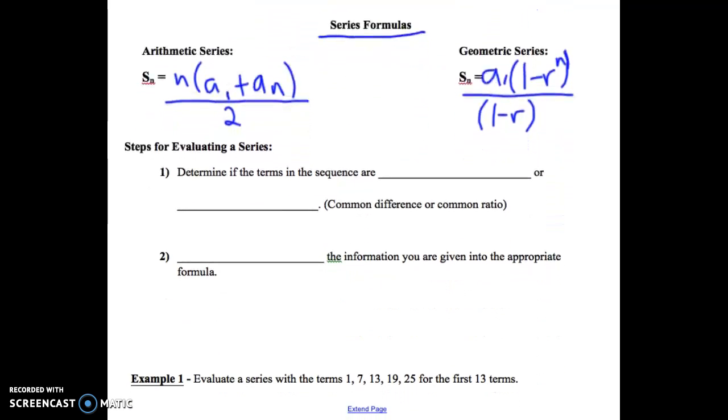Because these formulas are so great and they save us a lot of time, there are a few steps that we need to take in order to use these formulas to actually solve and evaluate a series, as in example 1 you see down there. So the steps for evaluating a series using these formulas: first, determine if the sequence is arithmetic or geometric.